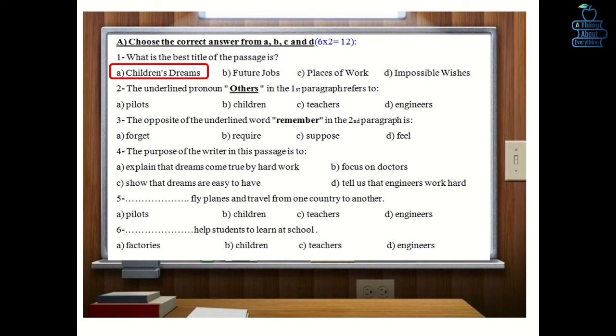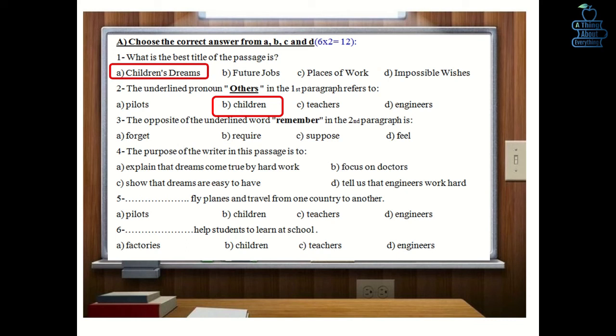The underlined pronoun others in the first paragraph refers to what? Pilots, children, teachers, engineers. If you look before others, you will find out that others refers to children.